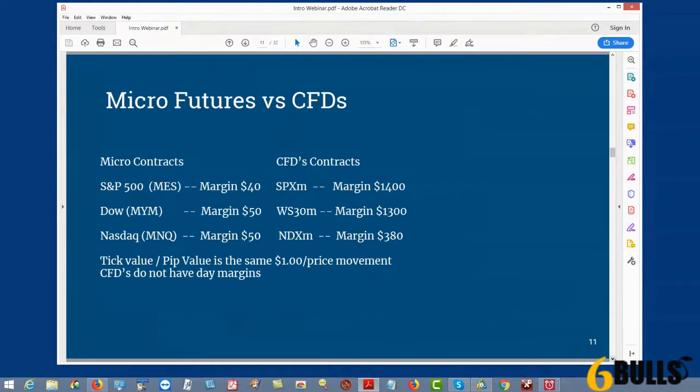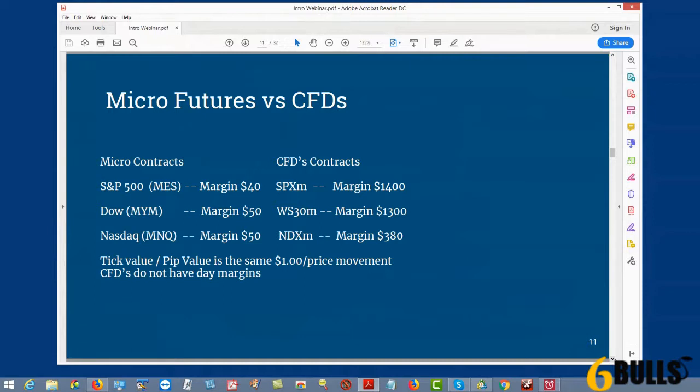Many of you may have already been trading CFDs to trade these financial futures. If we look at the exposure and what you need to trade, there's no reason to trade CFDs anymore. If you want to trade a contract for S&P 500, for example, on the CFD side, you can do that.